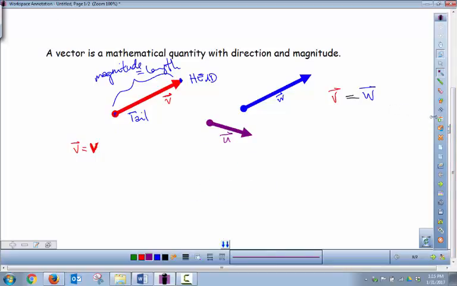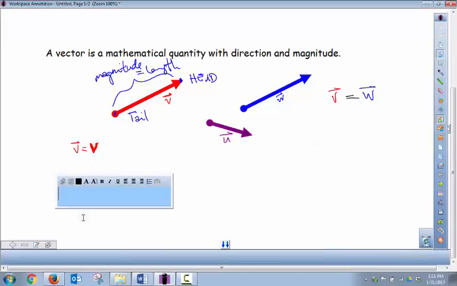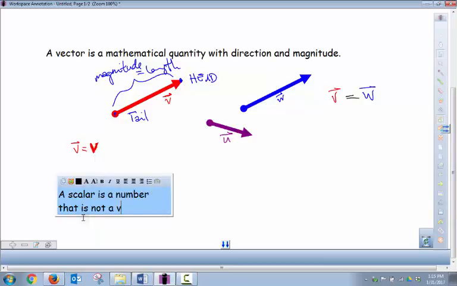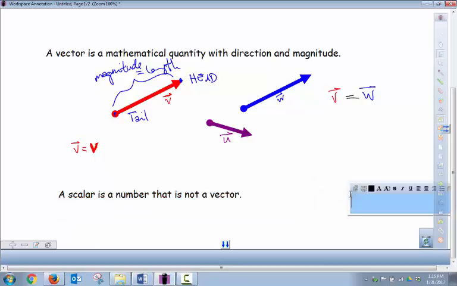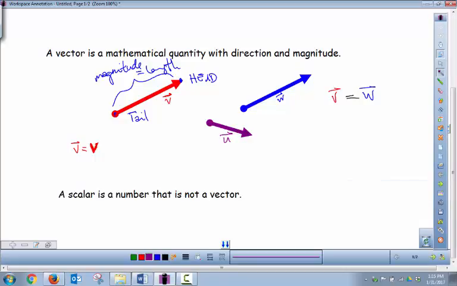So that kind of brings us to the definition of a scalar. And it's funny because a scalar is something that we've been working with all our lives. Whenever we think of a number, well, that's just a number. But that's what a scalar is now.